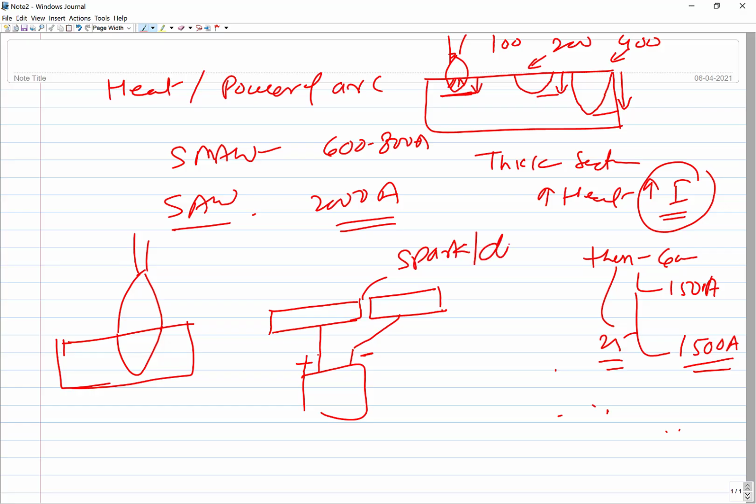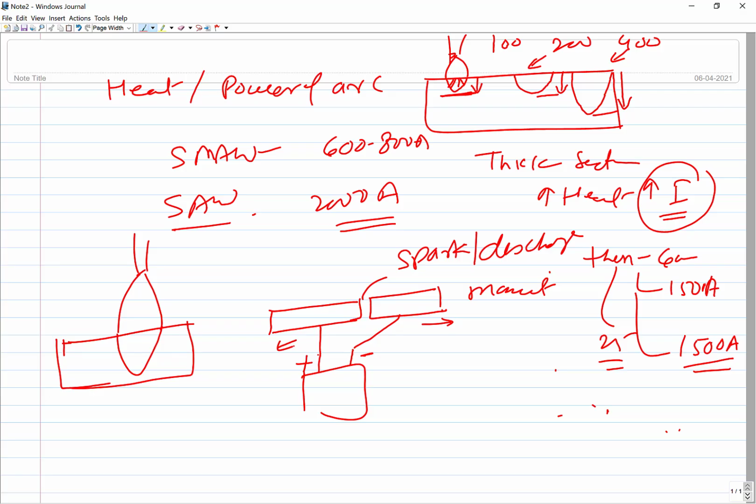We also call it a discharge. The spark lasts just for a moment, a fraction of a second. As soon as the two are separated, the spark is extinguished.